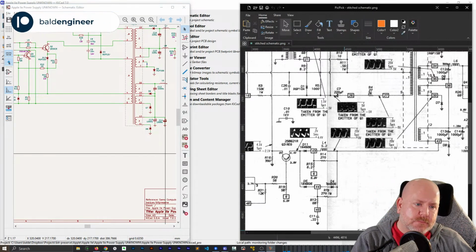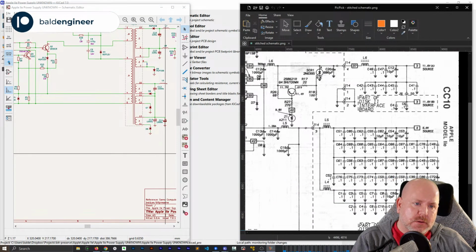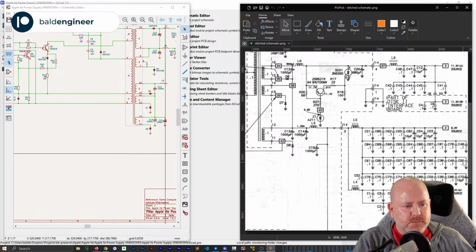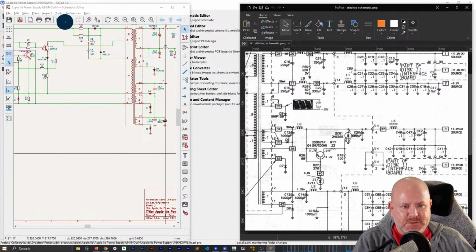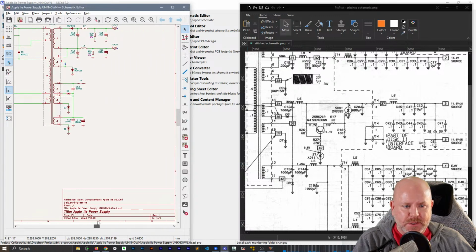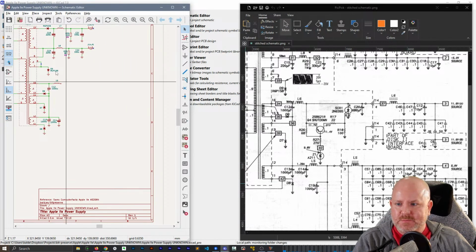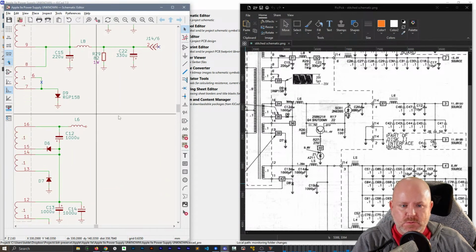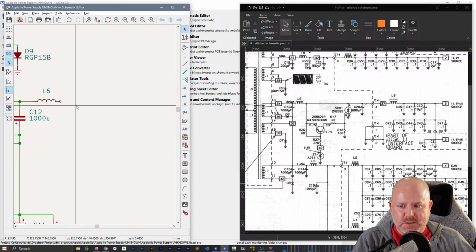Tell you what, let's get this section done, because this is basically all we have left on the right side of the schematic, because I'm not doing any of this other stuff. So yeah, let's just get this done.